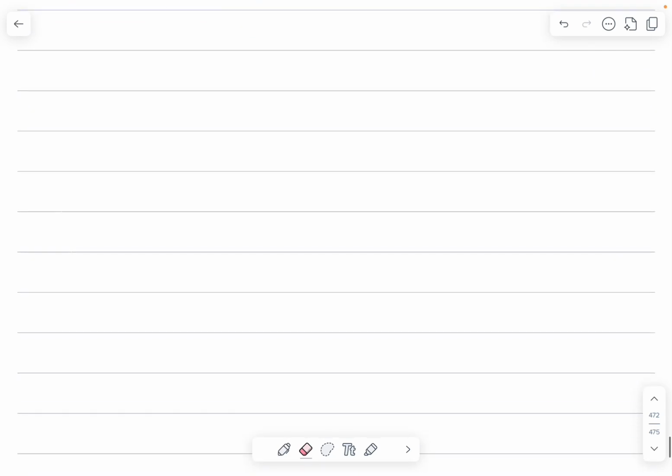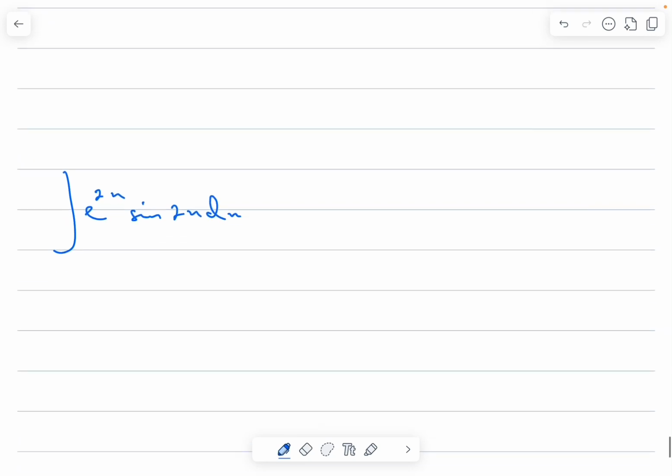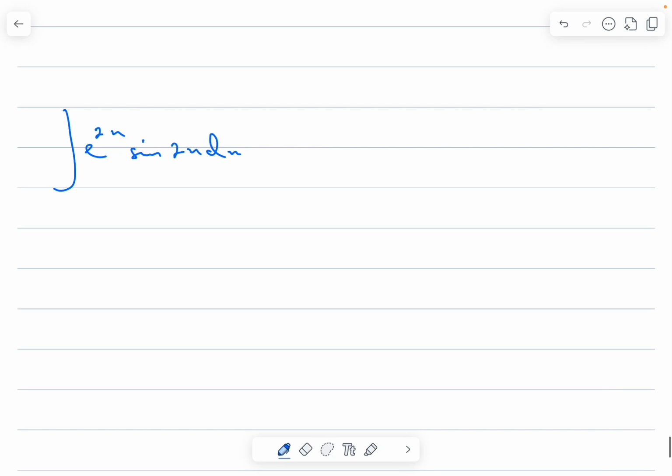Let's do that here. E raised to power 2x sine 2x. What's the integral of e raised to power 2x sine 2x? This simply means let this be u and this will be dv. So that means uv, which is e raised to the power 2x times v.